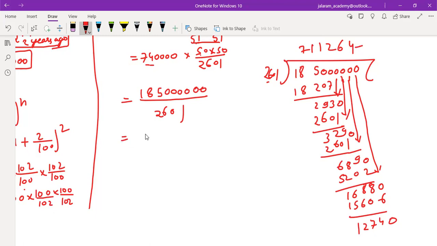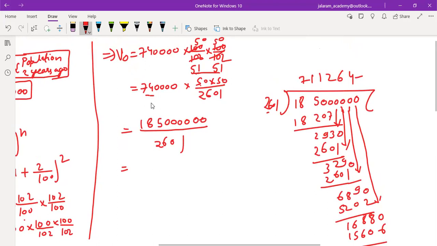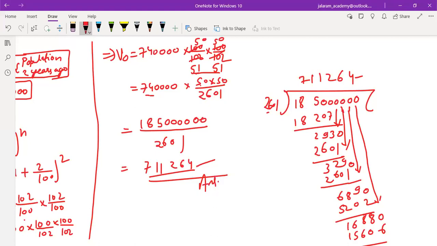So it's 7,11,264 point something. So neglect the decimal part. So the population 2 years ago was 7,11,264. So this must be the answer.